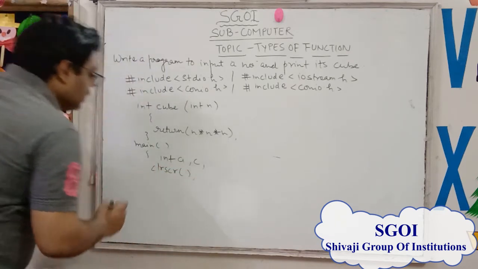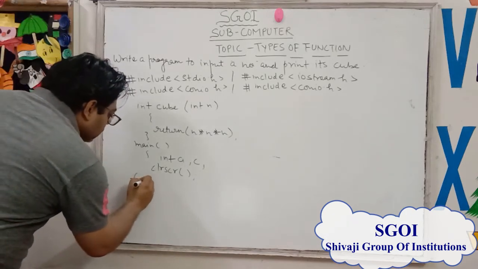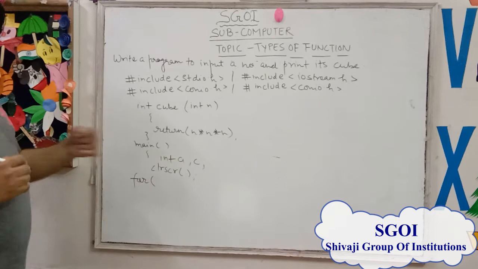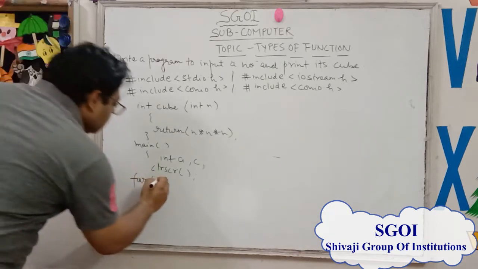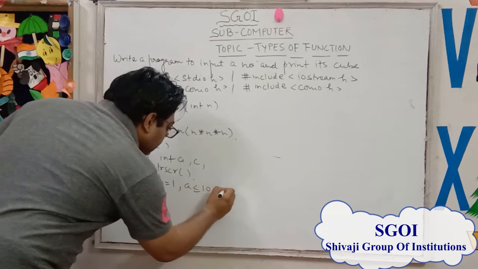Then we use the clrscr function. After that we use a for statement, that is a equal to 1, a less than equal to 10 and a plus plus.